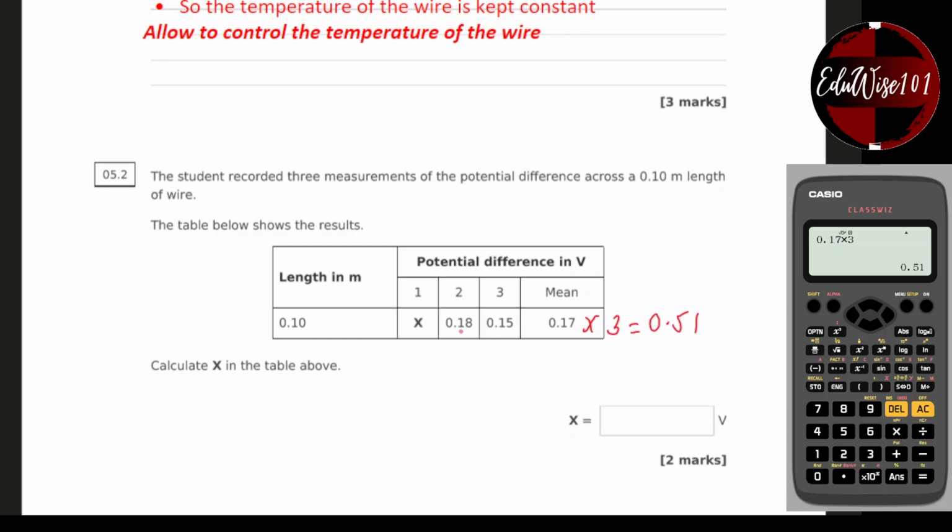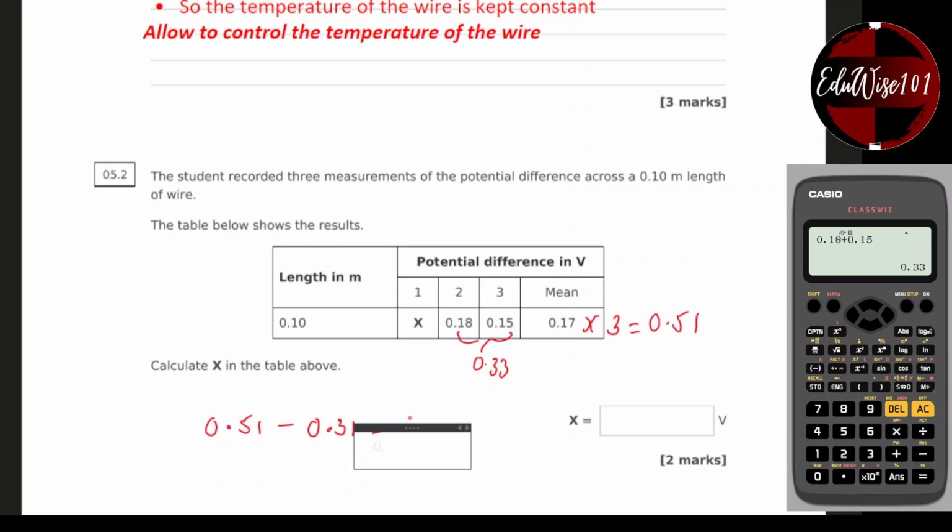Now these two values added up: 0.18 plus 0.15 gives me 0.33. So if I take away 0.33 from 0.51, that should give me the answer.